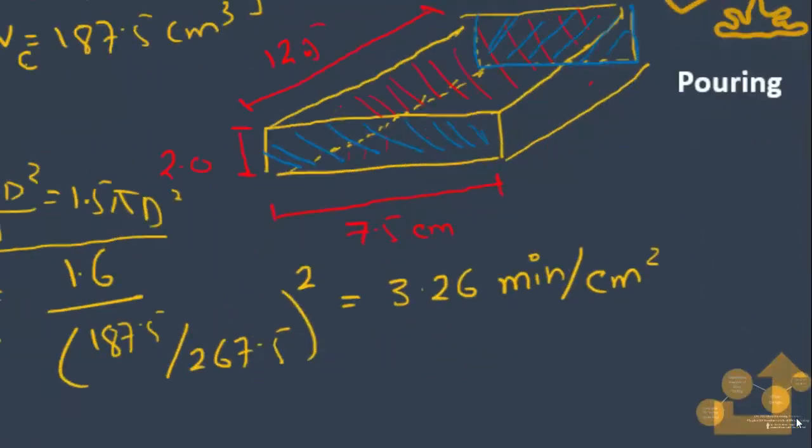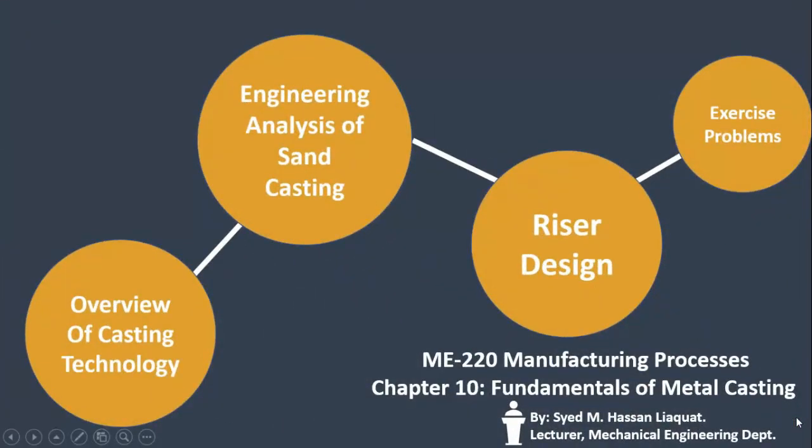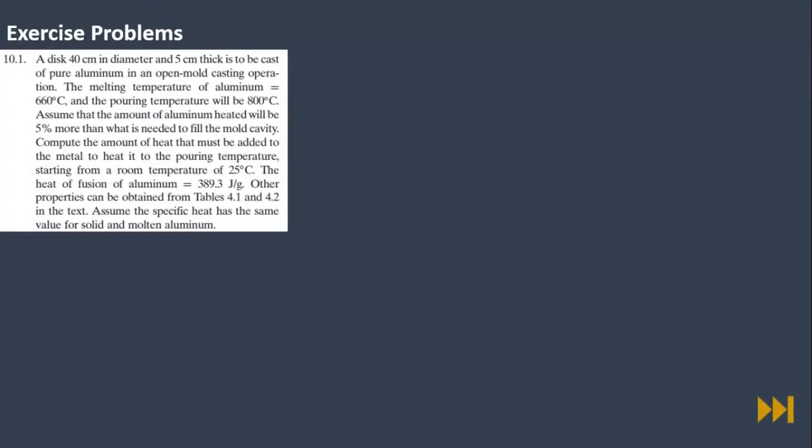Now we'll consider some exercise problems of our book. Let's start with problem number 1. It says a disc 40 cm in diameter and 5 cm thick is to be cast of pure aluminum. In an open mold casting operation, the melting temperature of aluminum is 660 degrees centigrade and the pouring temperature will be 800 degrees centigrade.